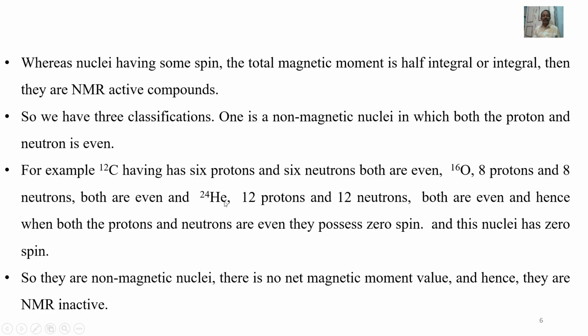Helium 24, 12 protons and 12 neutrons, both are even. And hence, when both the protons and neutrons are even, they possess zero spin. So they are non-magnetic nuclei. There is no net magnetic moment value, and hence they are NMR inactive.